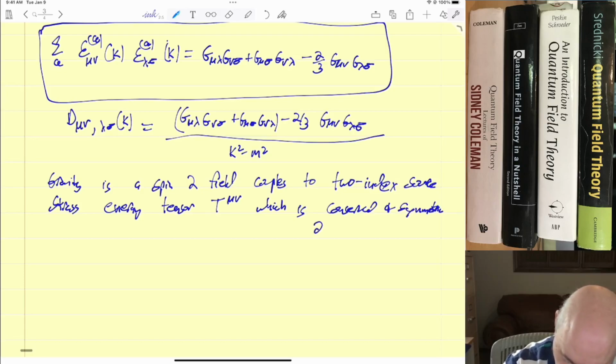Conserved just means the partial mu of T mu nu of x equals 0, or k mu T mu nu of k equals 0.